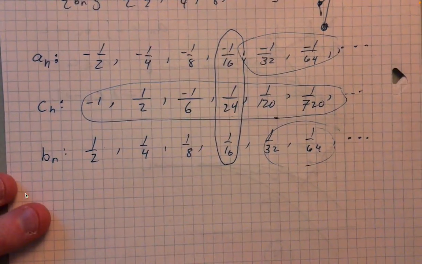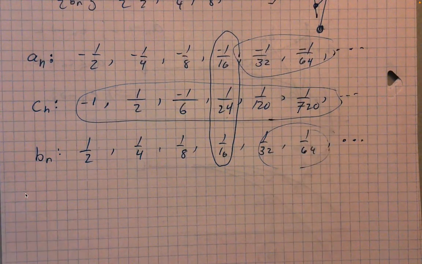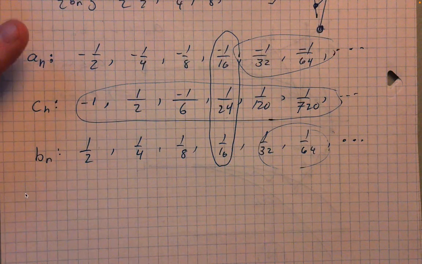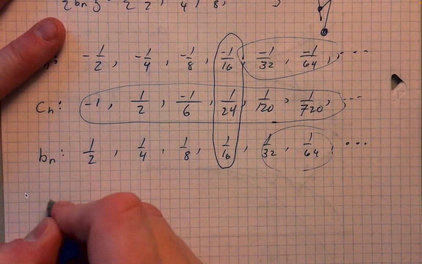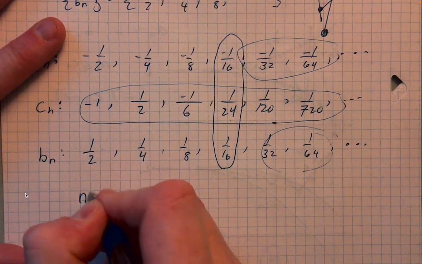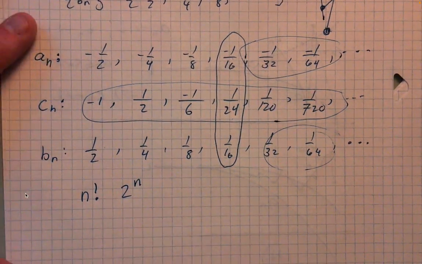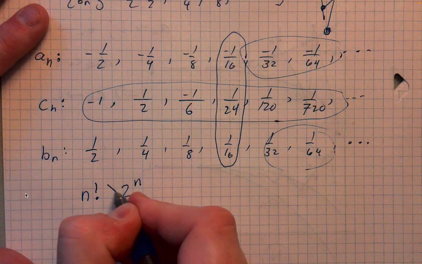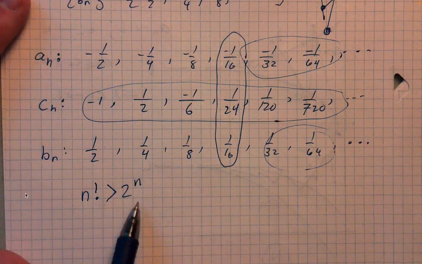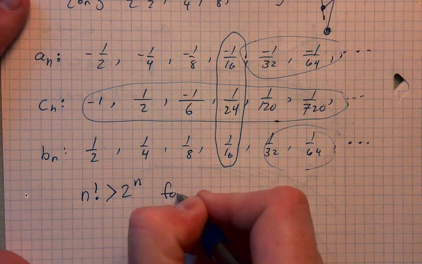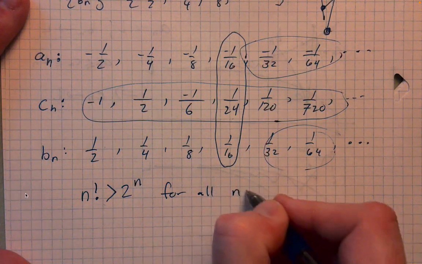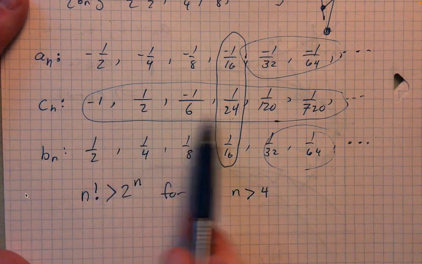Now to really see that it stays between these two forever is a little bit more involved. It's a little bit trickier. What we would have to do is look closely at n factorial versus 2 to the n. But what we'll find, if you do that exercise, is that n factorial is greater than 2 to the n for all n greater than 4, just what we see here.